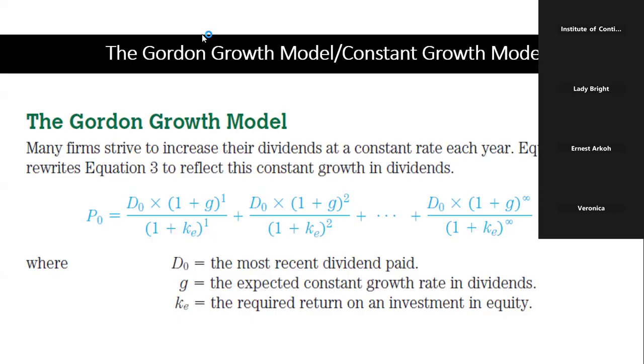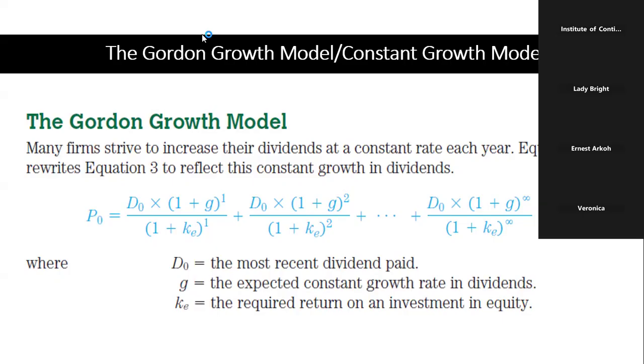When there is constant growth, we use Gordon's growth model. When we are dealing with one period, we use one period valuation. When we have multiple periods, we use multiple period valuation. But when there is constant growth, we use the constant growth model, which is Gordon's growth model.